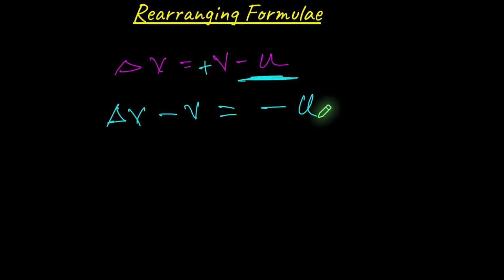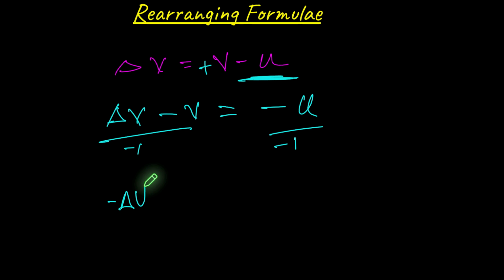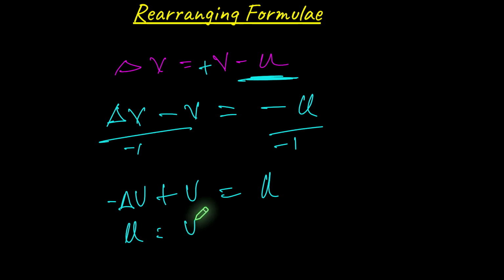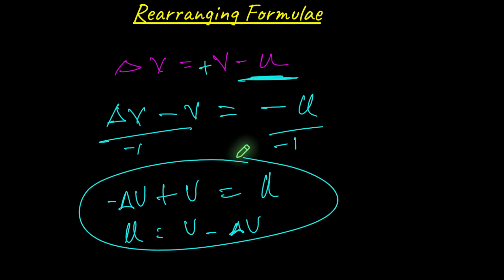So what you do here is you would divide through by -1, and effectively you'd be reversing these symbols. So what you would have is negative change in v, and then plus v, that would be equal to u. So you'd effectively reverse the symbols. So to make it look more pleasant, you can just simply write u equals v minus change in velocity, just shuffling around the same thing. These are the same things right there. So all of that was level 1.